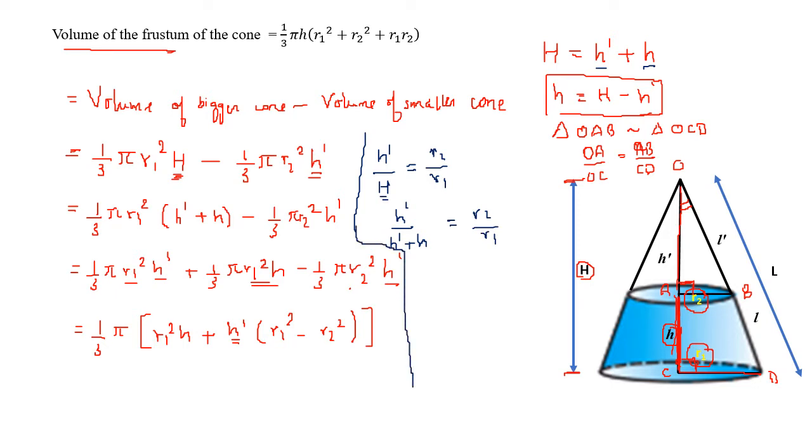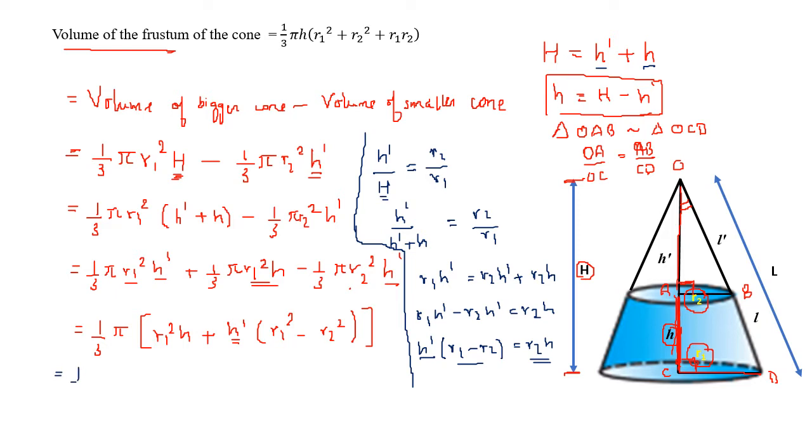Now cross multiply. What will you get on cross multiplying? You will get R1 H prime equal to R2 H prime plus R2 H. So we get R1 H prime minus R2 H prime equal to R2 H. Take out the H prime common. We have got H prime into R1 minus R2 equal to R2 H. Okay, is it clear to you? So H prime into R1 minus R2 is R2 H.